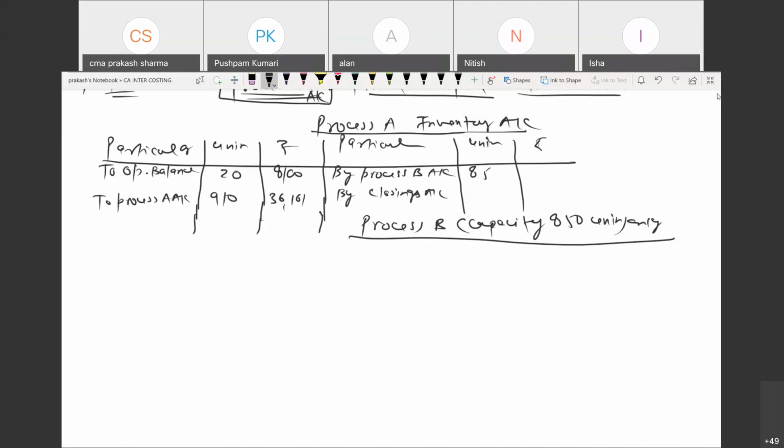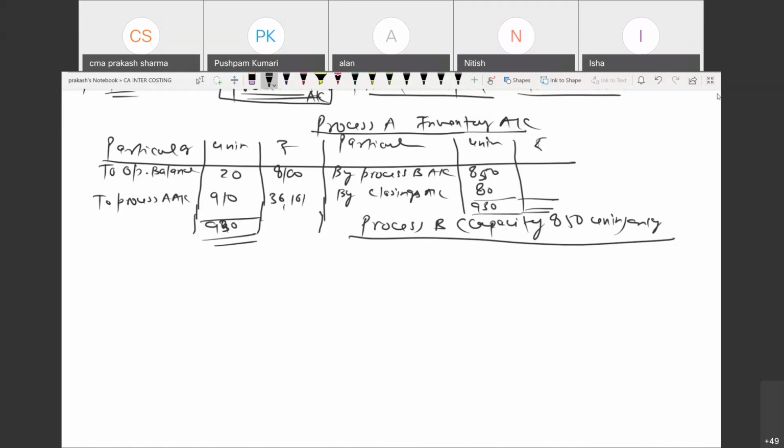So 850 will be transferred to the next process, and how many units are left? It is 930 minus 850, which becomes 80 units.